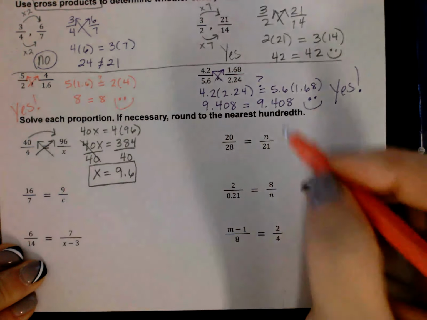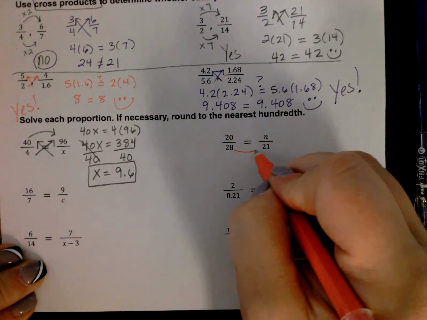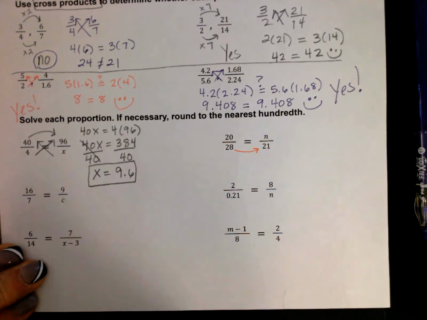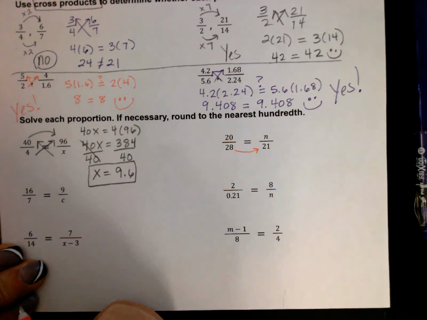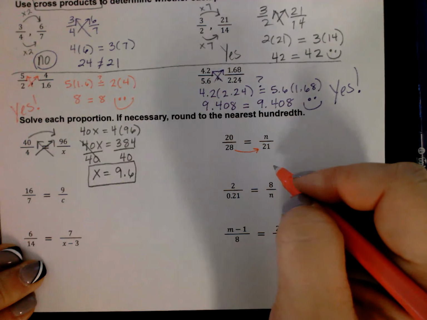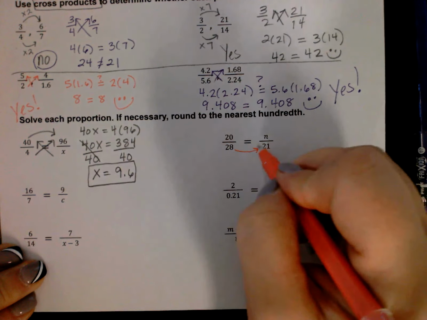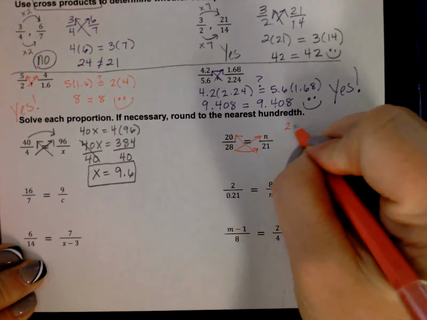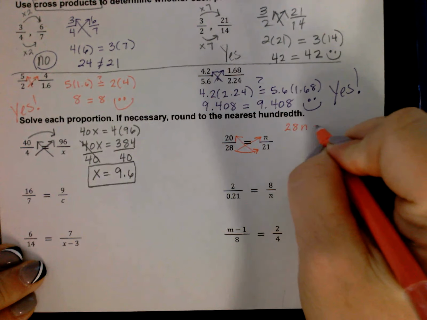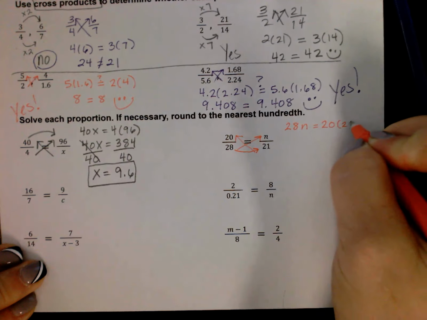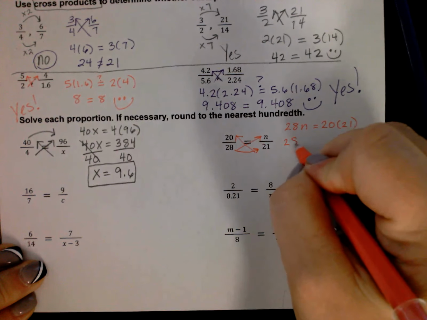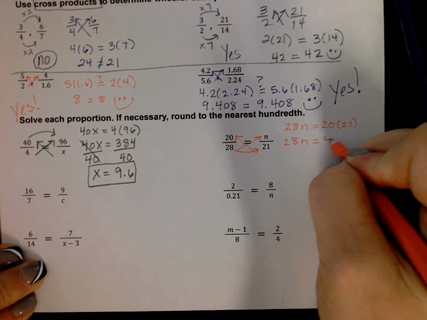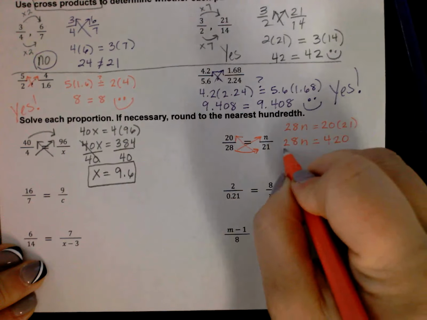Moving to the next one, again, changing a 28 to a 21 is not straightforward for me. So I'm going to do cross product. 28 times n equals 20 times 21. 28n equals 420.